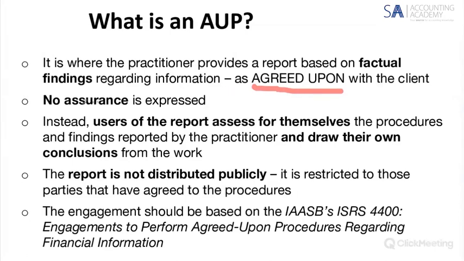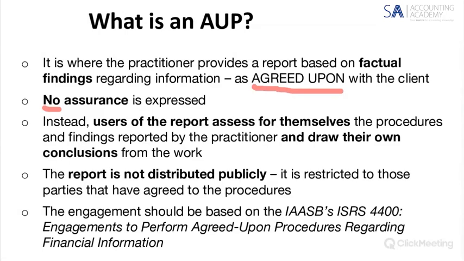So, hence, there is no assurance whatsoever. You don't say, I think that this and this and this, or there are no mistakes, or there are no exceptions, or nothing like that. There's no positive assurance like on an audit. There's no negative assurance like on an independent review. There's no limited assurance, nothing.